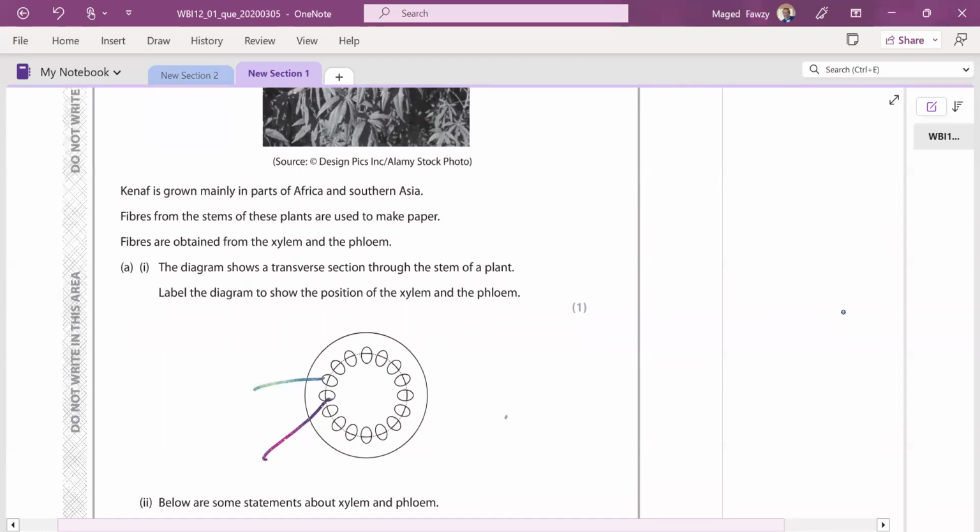Okay, so this is the phloem. In the stem, phloem is always outward and xylem inward. And definitely don't forget, we don't draw an arrow, that's wrong. We should draw just a label line.